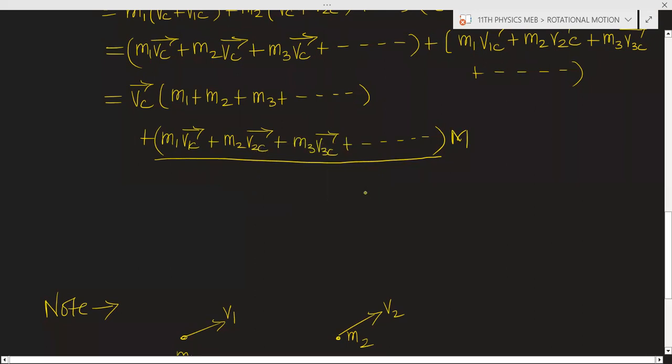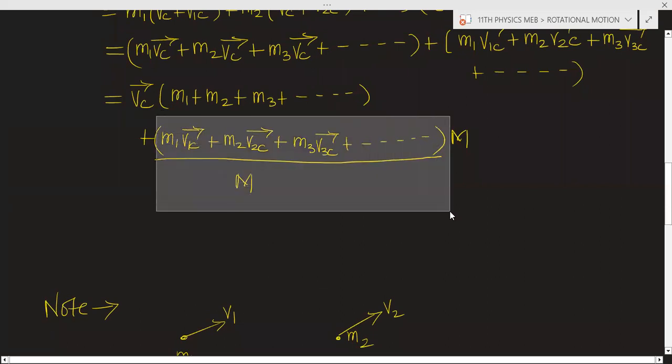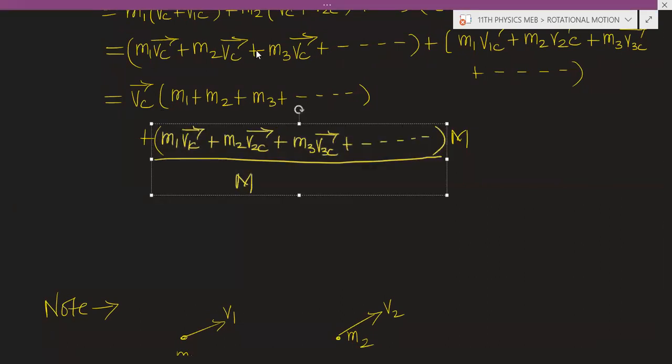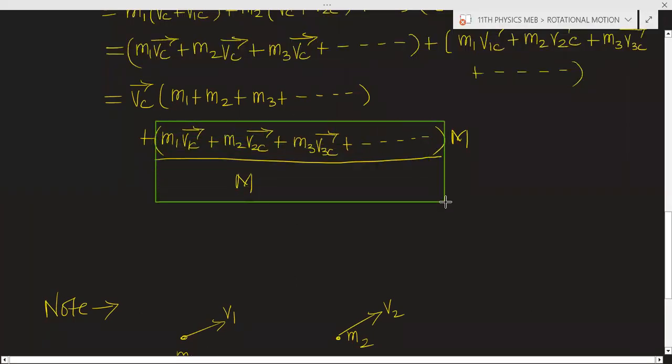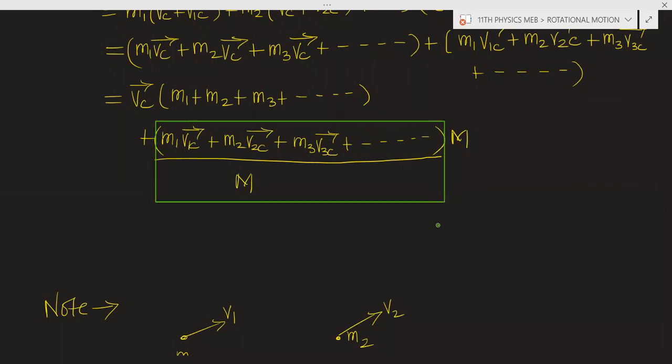You can write it in this way also. Now what is this whole term? This term will be the velocity of center of mass.